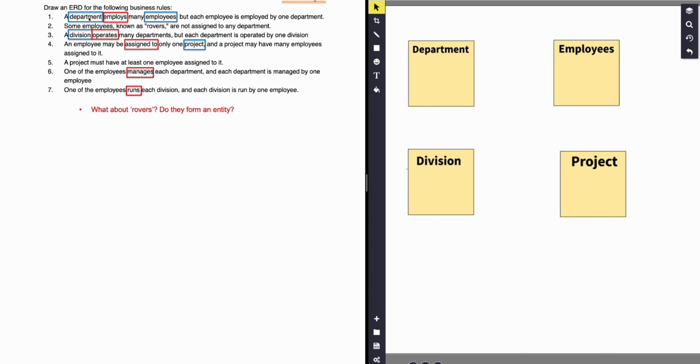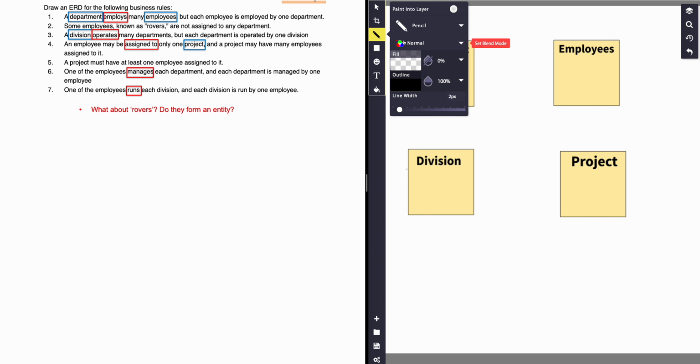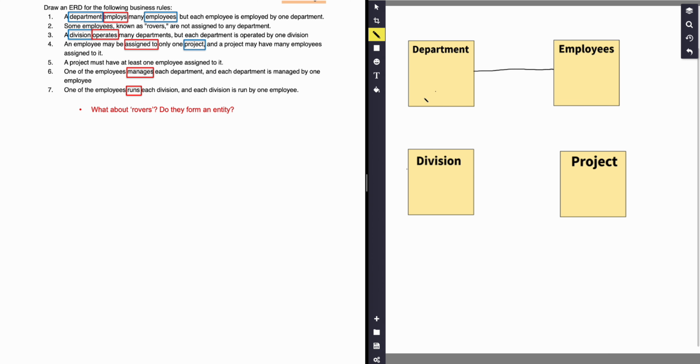So now we've got the department employs many employees. So we've got that connection there without worrying about any sort of connectivity. Let's just draw a line. But each employee is employed by only one department. Not to worry about that right now. Some employees known as rovers are not assigned to any department.